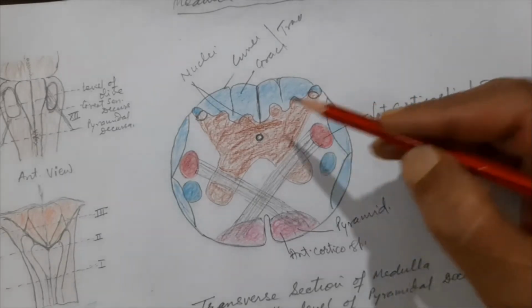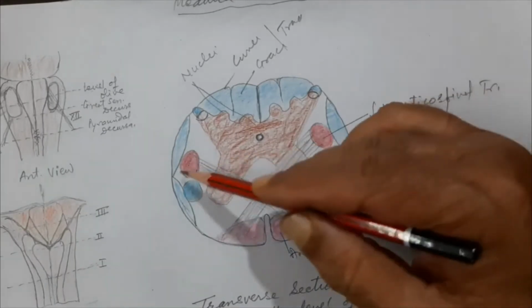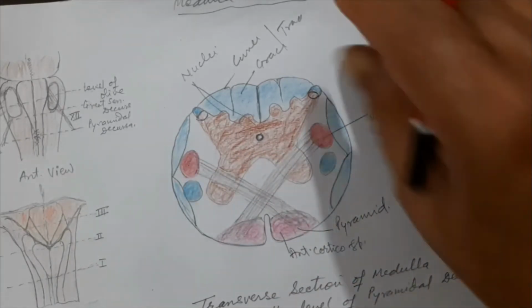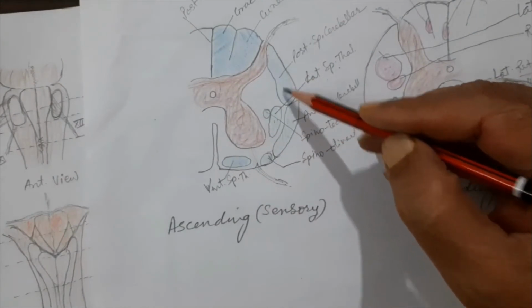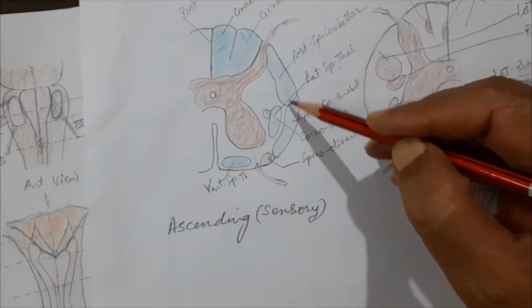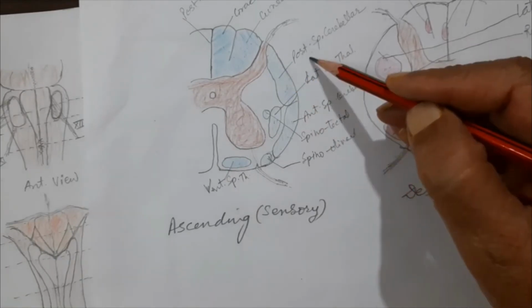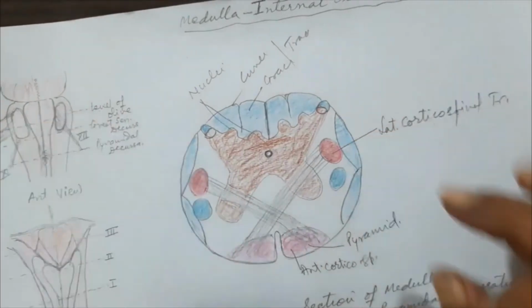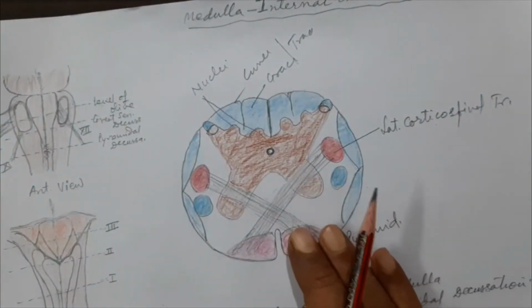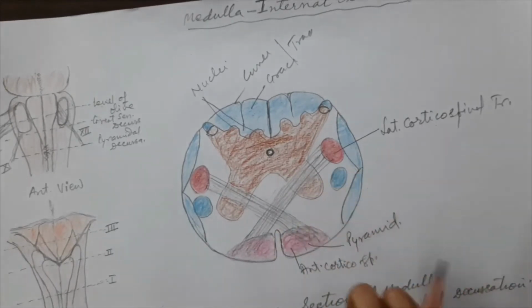Then you see the white matter in the lateral white column on either side. These two tracts, the anterior spinocerebellar and posterior spinocerebellar, which are ascending sensory fibers from various levels of the spinal cord, are still maintaining the same position in the lowest part of the medulla oblongata at the level of the pyramidal decussation.